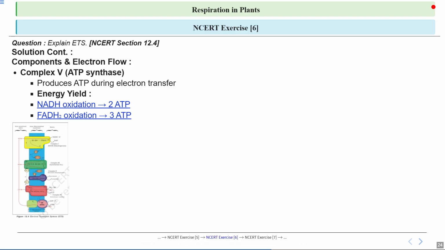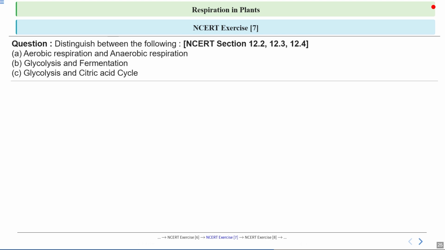So this is complex 5, that is ATP synthase. Whenever electrons are passing through the electron transport chain, a gradient is developed. And when this hydrogen ion gradient breaks, the energy that is released is used to drive the process of ATP synthesis.